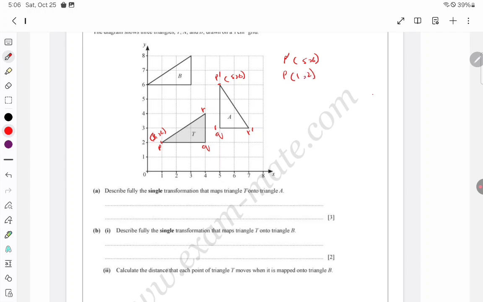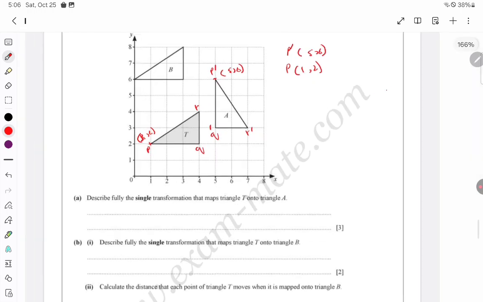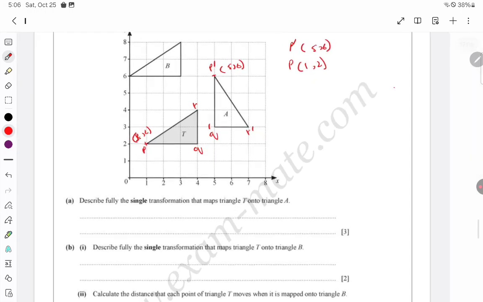After getting the midpoint, or you can simply use the compass method, which is simpler, you have to open your compass more than half the distance of P to P slash. Mark 2 points from P slash and P, and get 2 points somewhere right here, one and another right here.